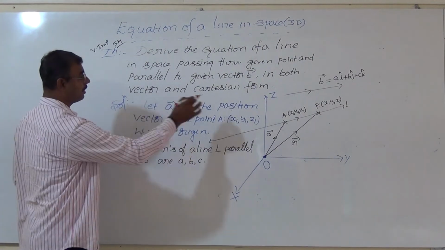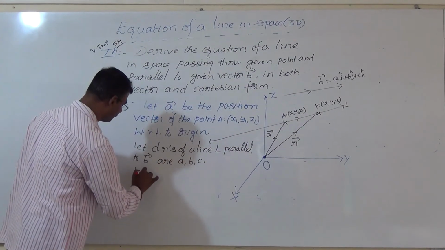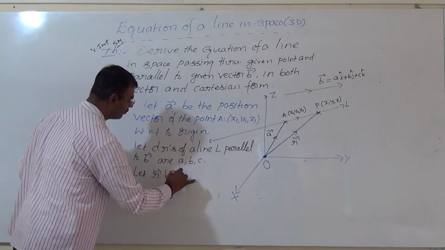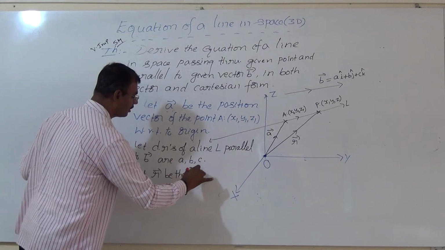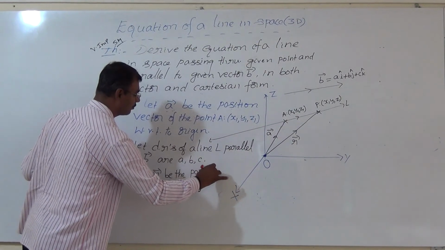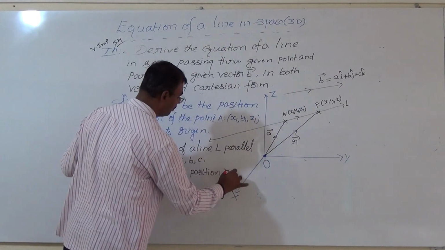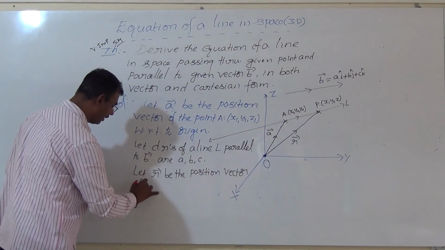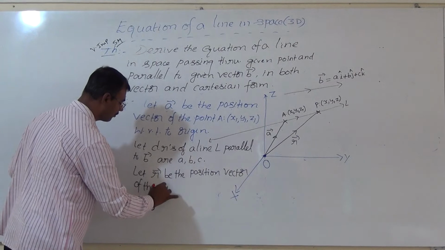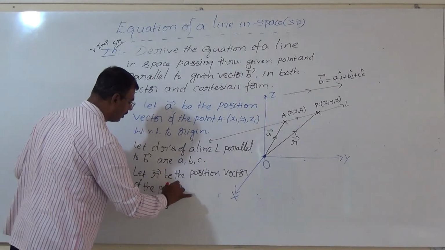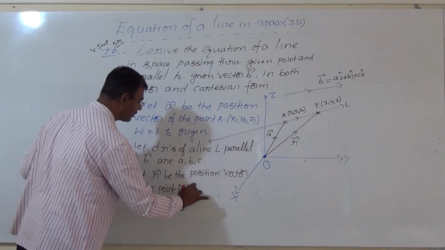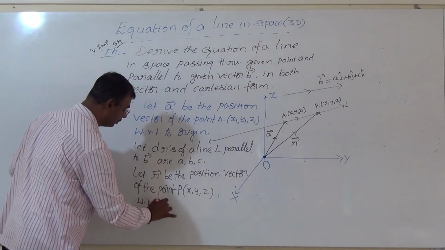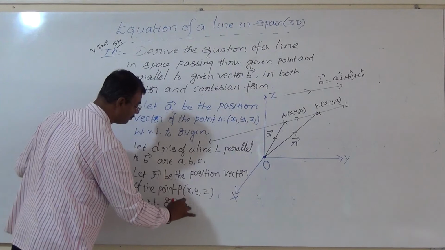So next, let R bar be the position vector of the point P, X, Y, Z with respect to origin.